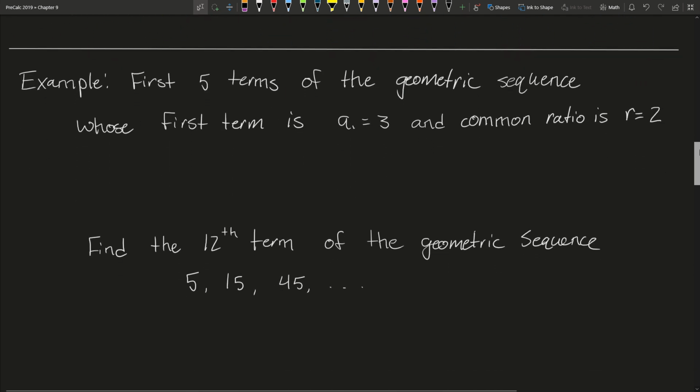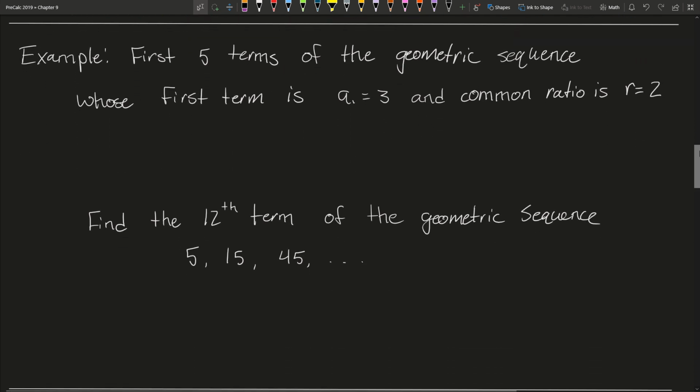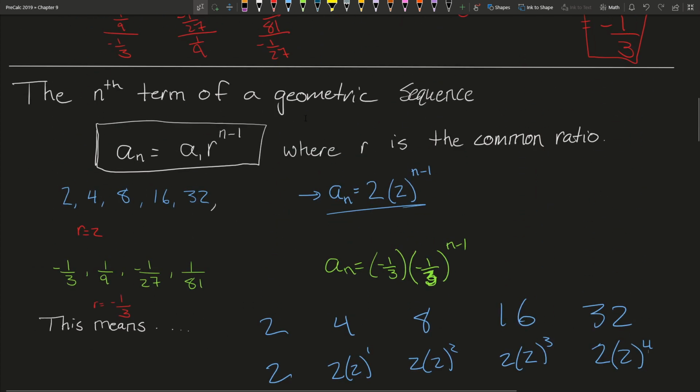So then we can do a couple of examples with this. And these examples require us to know what a geometric sequence actually is. And from our geometric sequence, we know our nth term, which I'm actually going to copy down here.